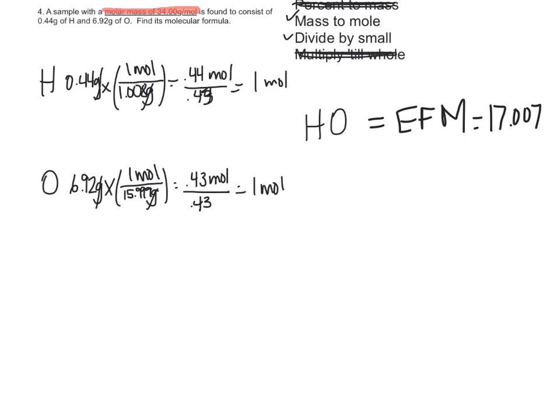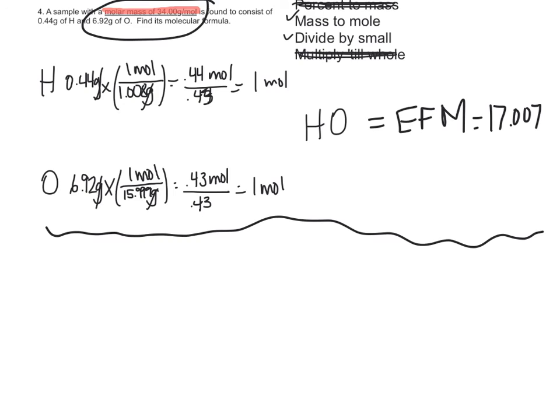And that's by adding 1 hydrogen and 1 oxygen. Okay, now I want to find my multiple. So what am I going to multiply by? I'm going to take my empirical formula mass, and I'm going to divide it into the molar mass that was given. So I'm going to do 34.00 grams per mole divided by 17.007 grams per mole, and when I do that, I get an X factor of 2.